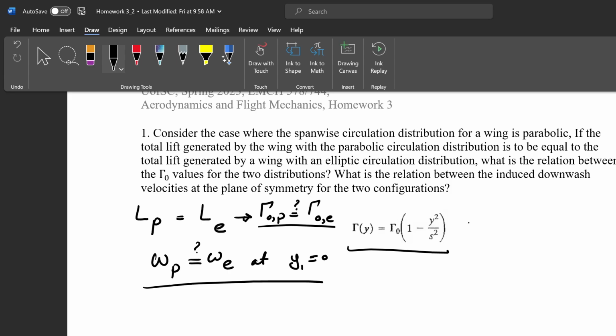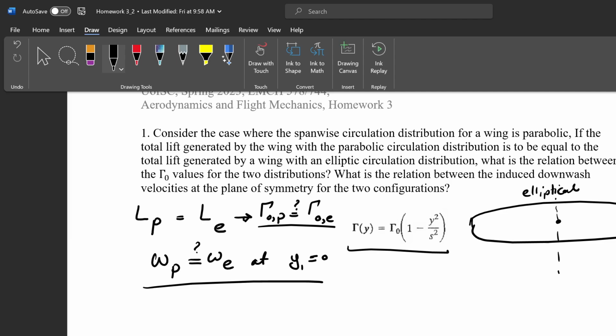One quick note here that you have to make sure that you understand is that, let's say this is your wing. And these are two different wings. One has elliptical lift distribution, one has parabolic. So two different wings. For the first wing, let's call this the elliptical wing, which is the wing used in the book.